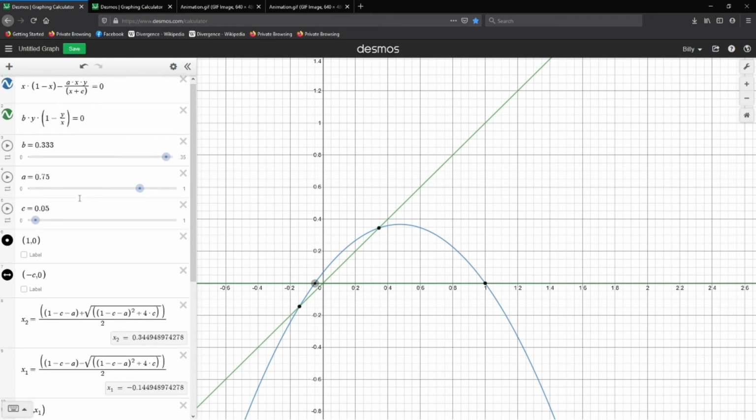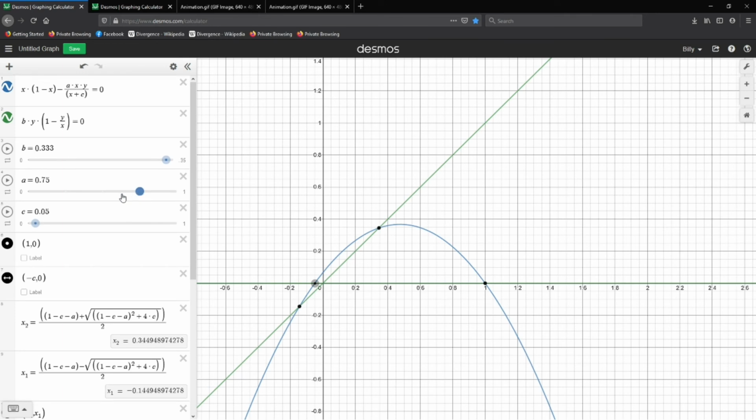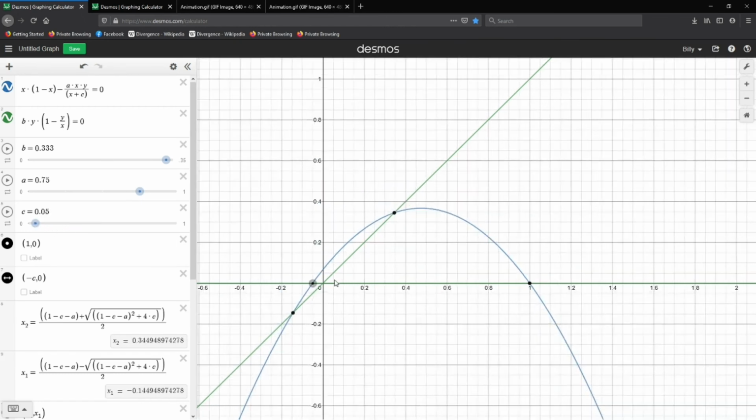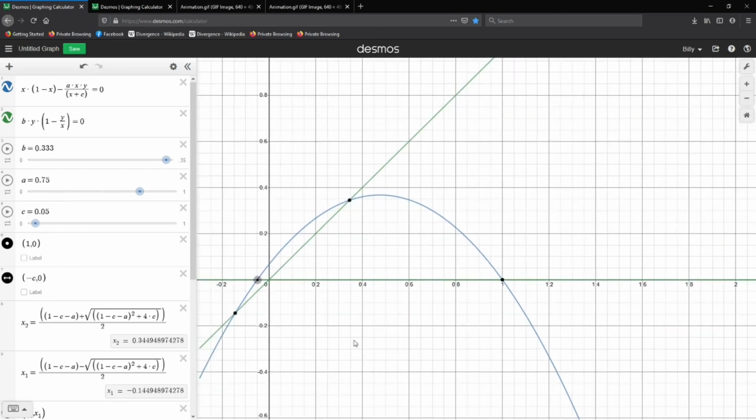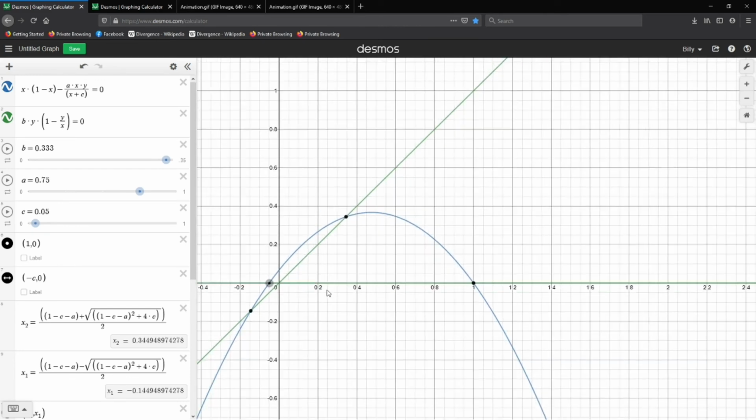And you can see that as we change any one of these values, the equilibrium points in general are going to change. But they change in a way that's predictable. We just solved for the exact values in terms of the parameters for the problems, so we know what each of these is going to be.